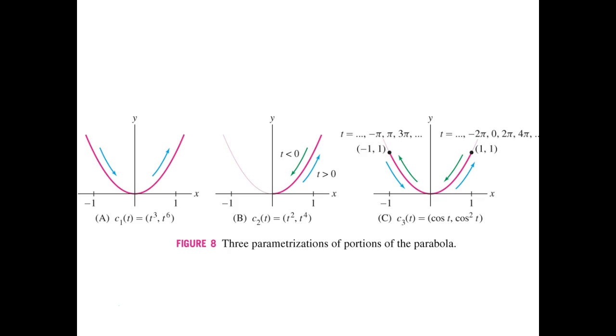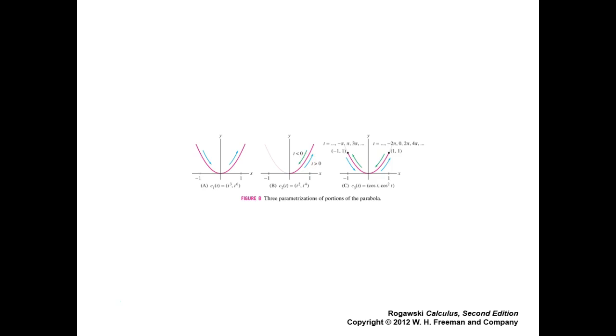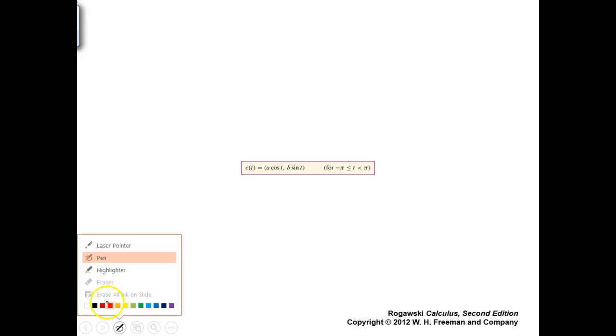Okay, what I think I'll do here is, all right, this has a lot of white space on it, so I'm going to use it. A model rocket follows the trajectory. Let me get my pen activated here. Okay.